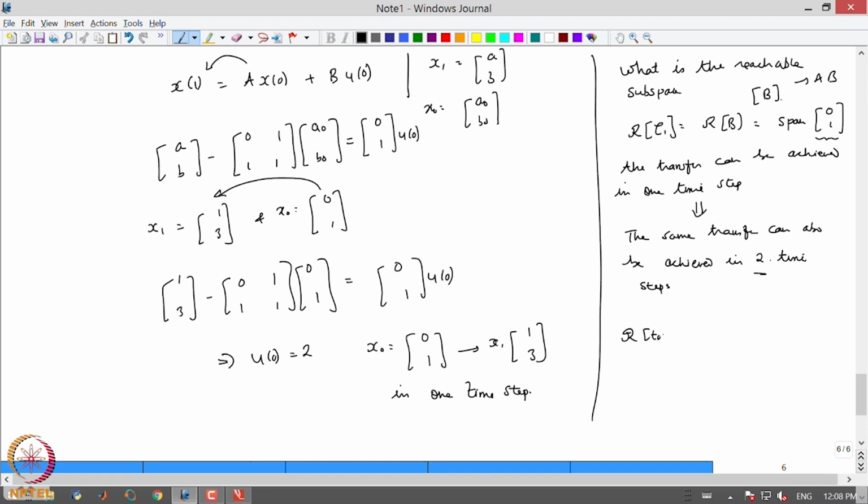The reachable subspace R(k0, k1) was equal to the image of C, because the way we compute C was B till A to the n minus 1 B. So, I am looking at k1 minus k0 being equal to n, and it could also be greater. But what if it is less? I am just looking at one time step. So, R at k0, k0 plus 1 is just the image of B. Okay, that is exactly what I am doing over here.